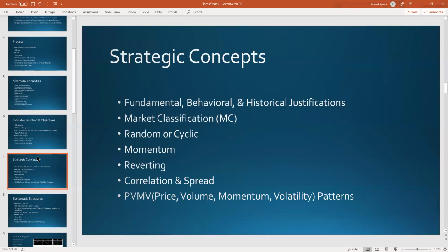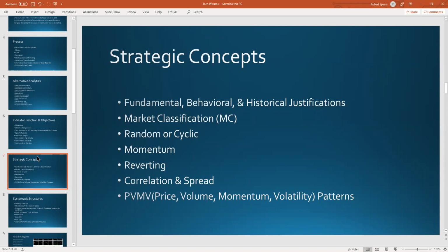Momentum, reverting, correlation and spread. This one is more based on futures that share a specific correlation, ES, Dow, gold, silver, and then obviously we use a specific type of stock concept derived from kind of an alternate perspective, I guess you could say, of game theory that relies heavily on correlation analysis within stocks and ETFs.